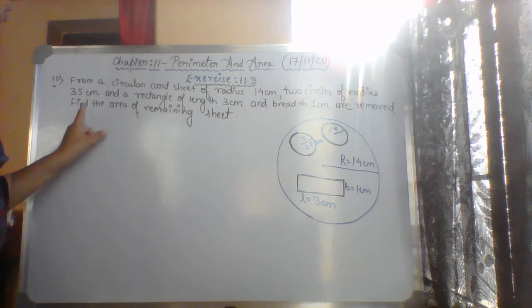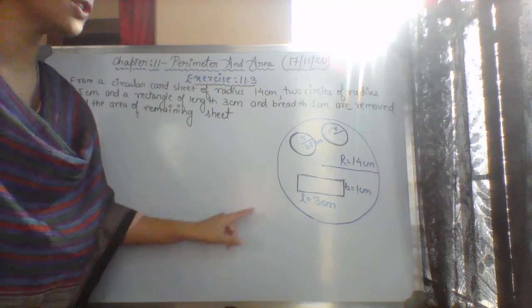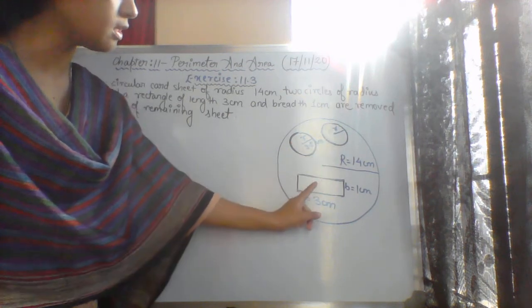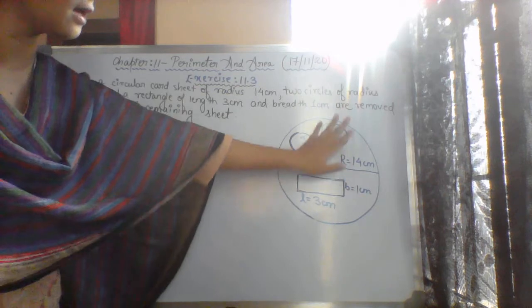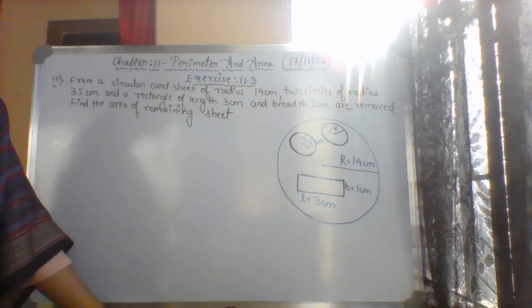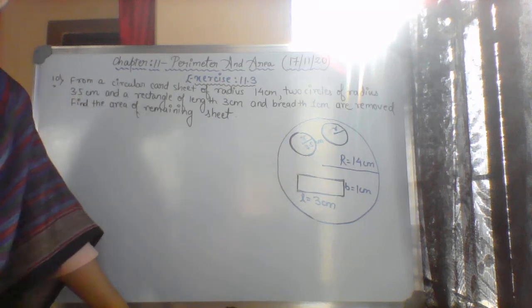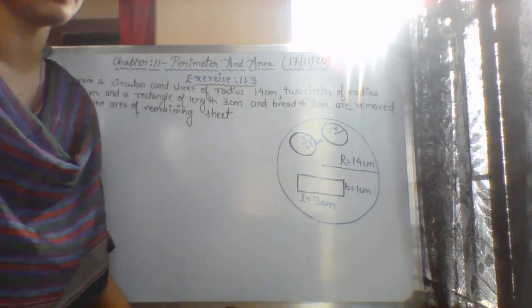They are asking: find the area of the remaining sheet. If the person removes these two circles and this rectangle, what area will remain for the circular card sheet of radius 14 centimeter?